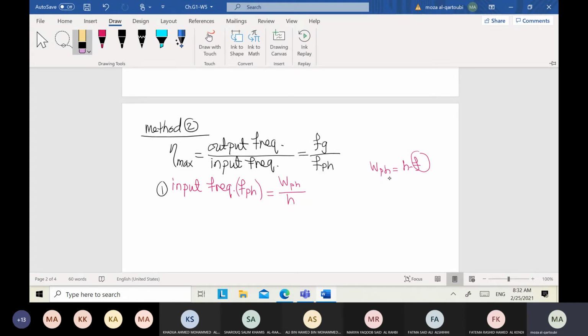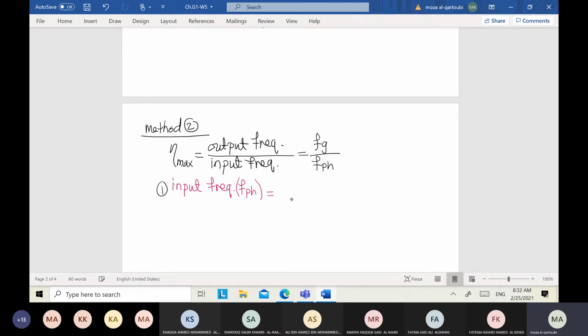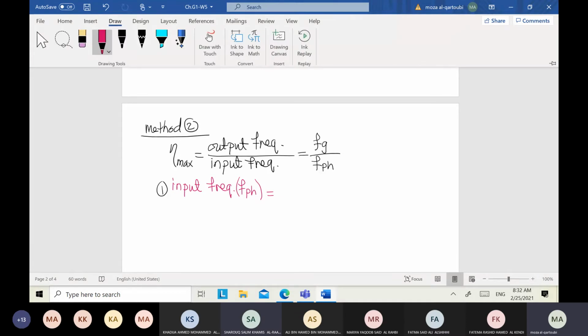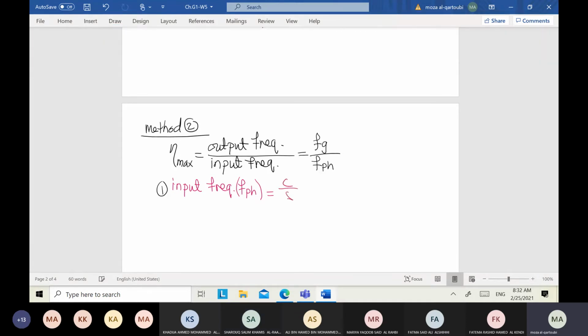So how to find the frequency? The frequency we can directly apply by C over lambda, because in this case the energy value was not given. So C is 3 times 10 power 8 and lambda equals 400 nano, so 400 times 10 power minus 9. This is in meters and speed in meters per second. So we'll find the frequency of light or photon in hertz.